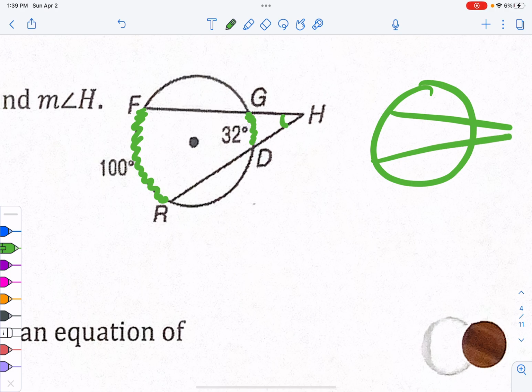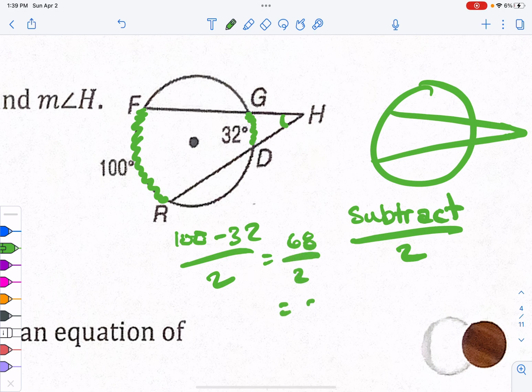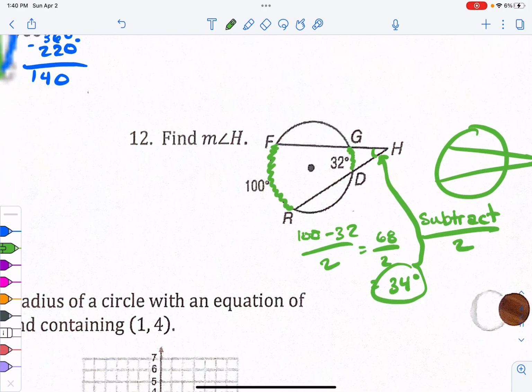When it's doing something like this, you subtract and divide by 2. So 100 minus 32 divided by 2. 100 minus 32 is 68, and 68 over 2 is 34 degrees. So this angle right there would be 34 degrees. Okay, so that's a subtract and divide by 2.